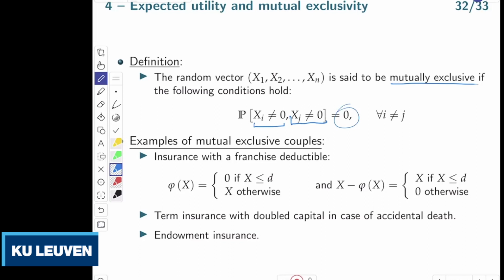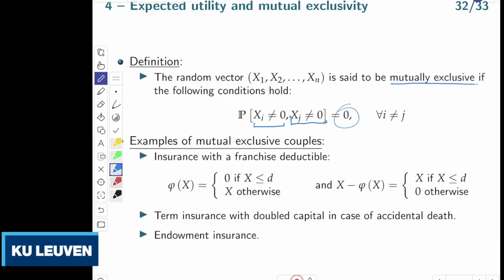Think about, for example, a life insurance policy where you say for a term of, say, 20 years, I pay you 500,000 when you die within that 20 years. And if you survive, you get some survival benefits, right?